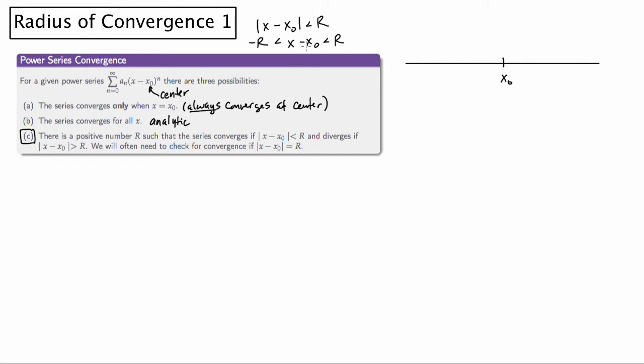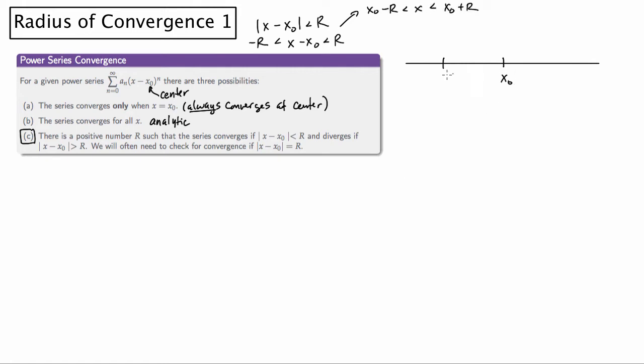And so you can see here that if I add x naught to all those pieces, I get x naught minus r is less than x less than x naught plus r.